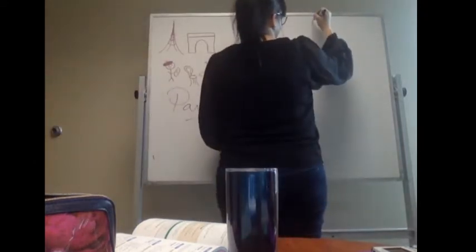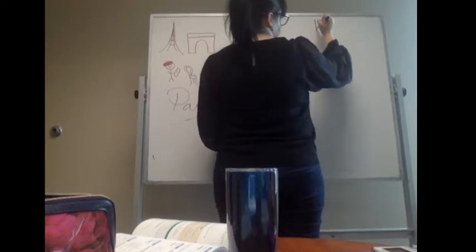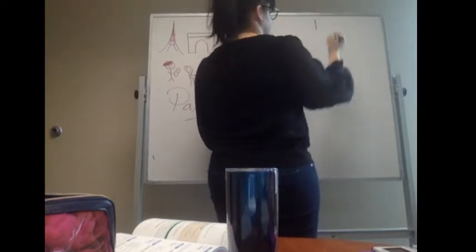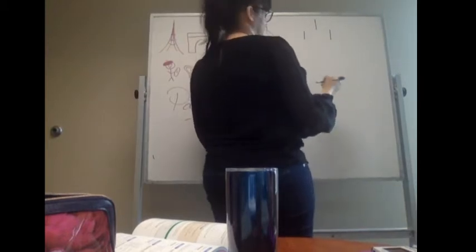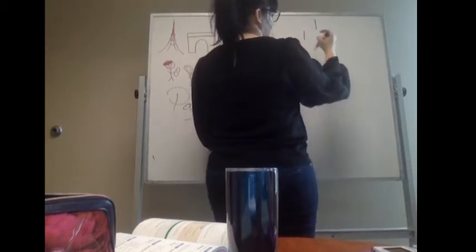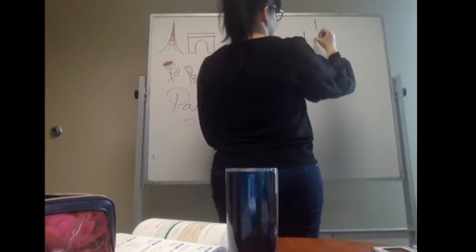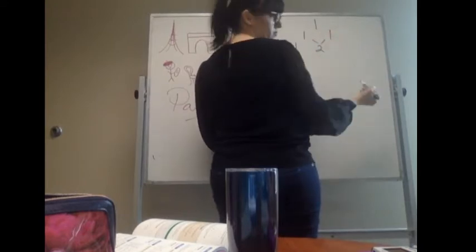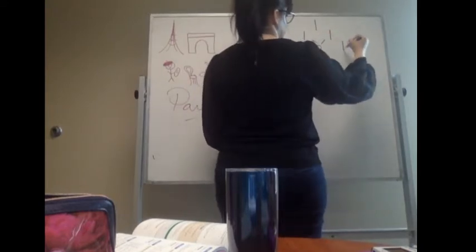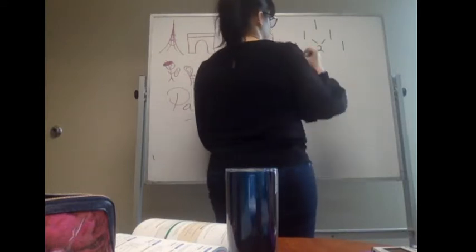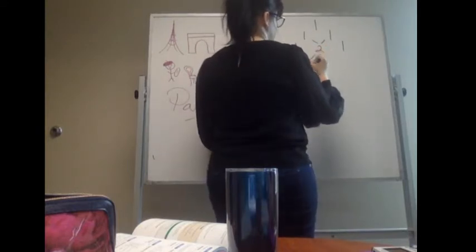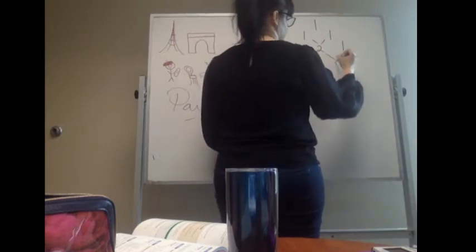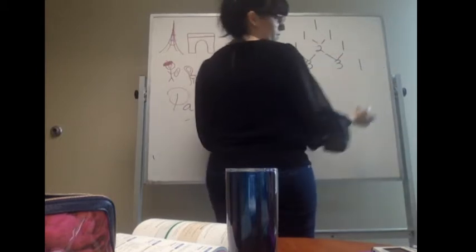So Pascal's triangle is like this. Starts off with a big number 1. Then 1, 1. So then this becomes 2, and this is 1. Then 1 plus 2 is 3, 2 plus 1 is 3, 1.